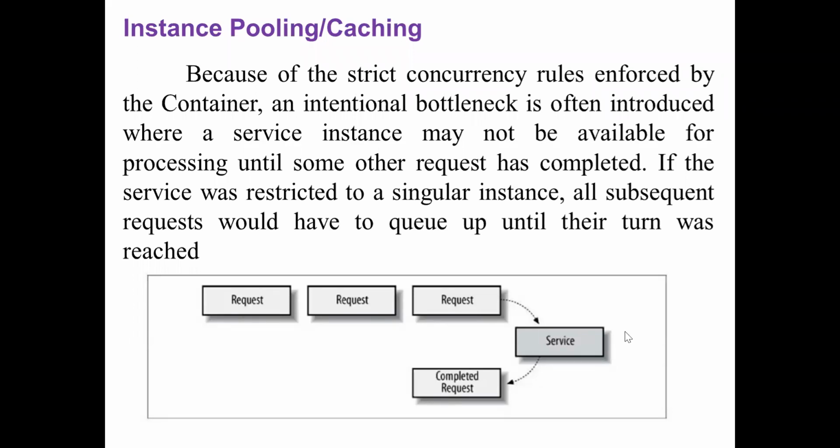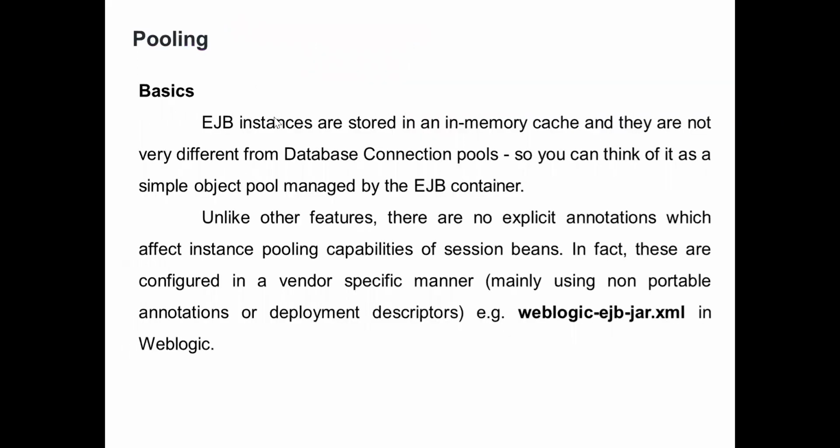Later we can see in the next diagram what the basics of pooling are. In EJB, the data is stored in memory and cached, and this is not very different from database connection pooling. We can think of it as a simple object pool managed by the EJB container. It is the easiest way to access whatever is stored in the database.